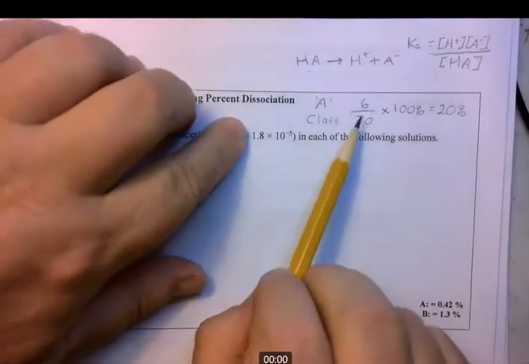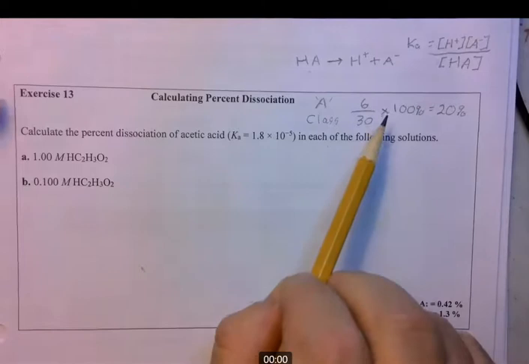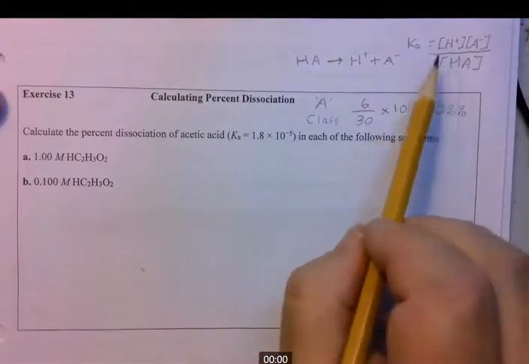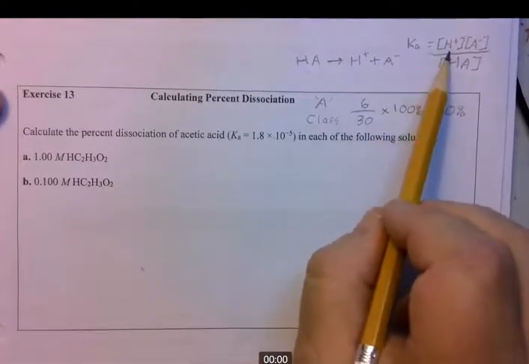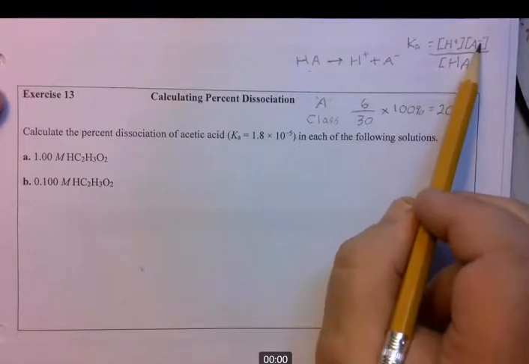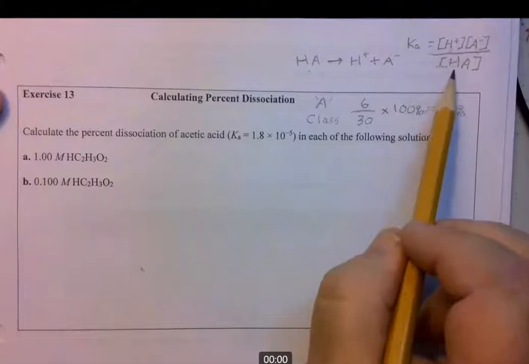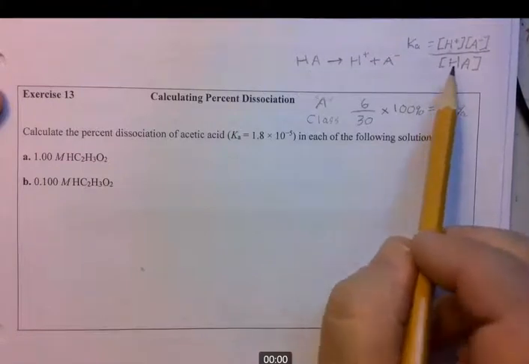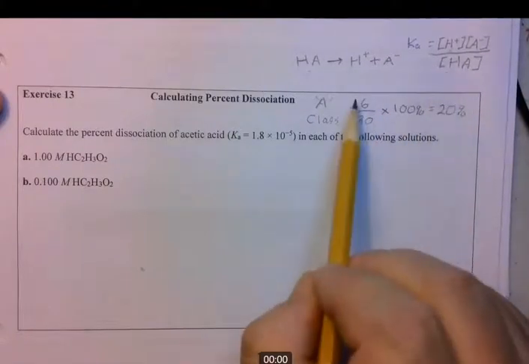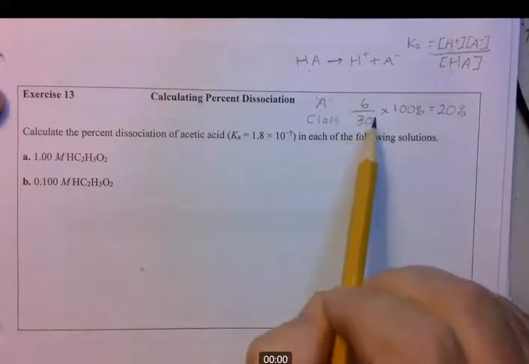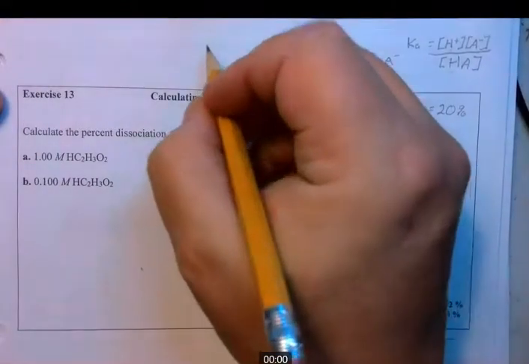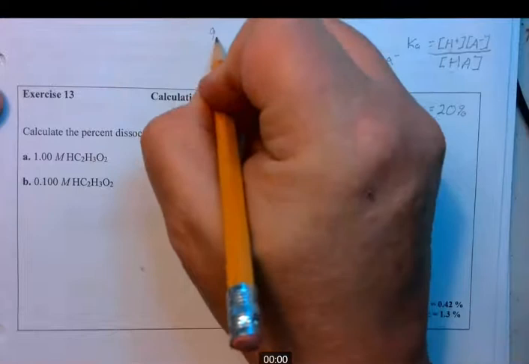But to come back to my analogy, if you want to just know the percent dissociation, you take the number of hydronium only, not the A minus as well, just the H plus, divided by the total acid molecules you had at the beginning, and then multiply that by 100%, just like we did down here with students who got A's over total students. So it would look like this. This is percent dissociation.